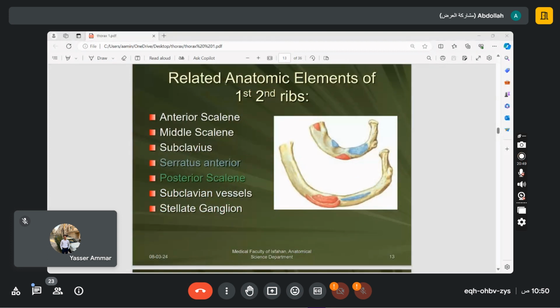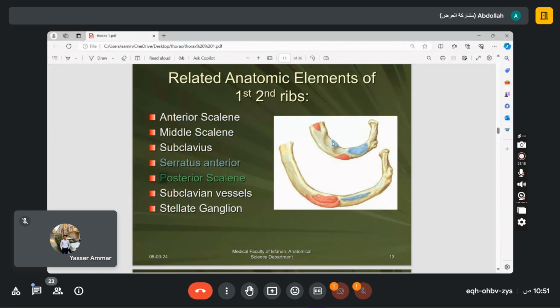Okay, what are the related anatomical elements of the first and second ribs? It's very important for you. The anterior scalene muscle, middle scalene muscle, subclavius muscle, serratus anterior, posterior scalene, subclavian vessels and stellate ganglion are closely related to these bones.